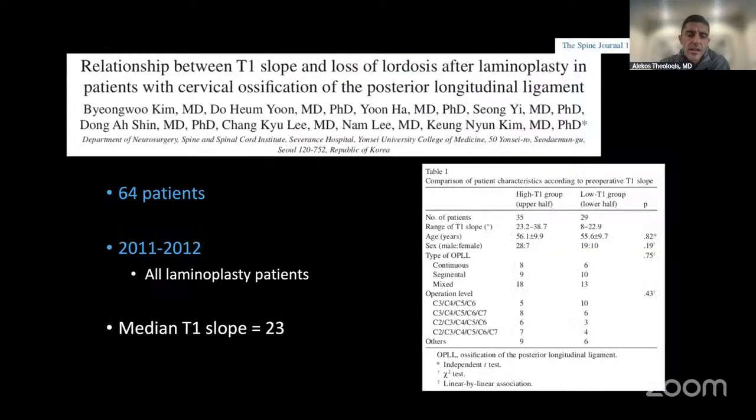That being said, it is important to understand that even in the setting of good lordosis, a high T1 slope may portend a negative result when it comes to maintenance of your lordosis. This is a nice study of 64 patients from a Korean group that looked at high T1 slopes versus those that had low T1 slopes.